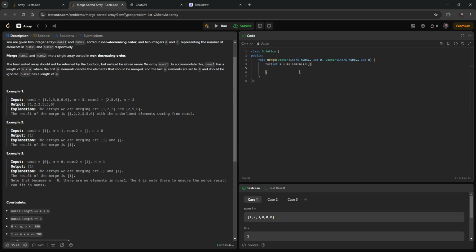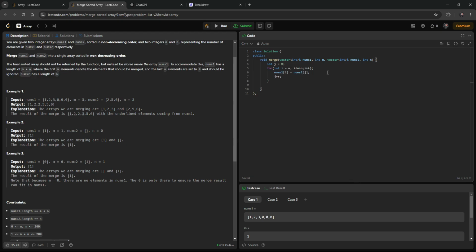I'm iterating through each index, and I will simply assign the element present in nums2 to it. I need to create a new variable. Suppose j is 0, and I do this way, and in this you can append this.